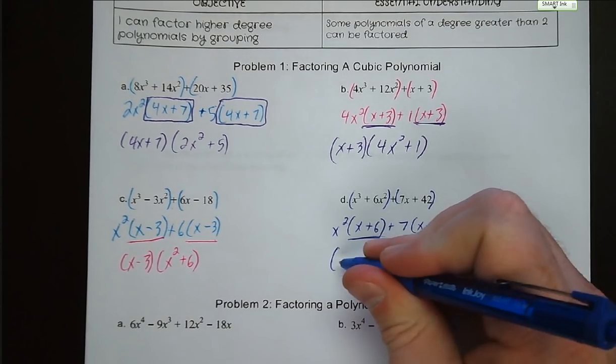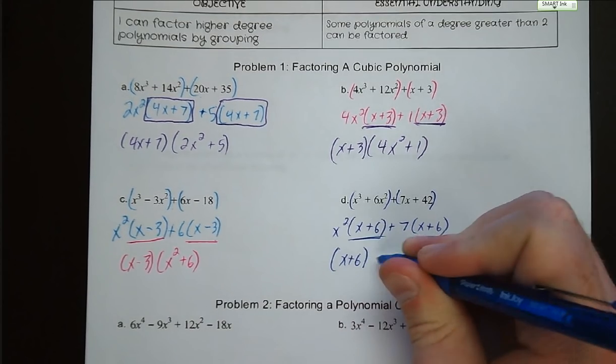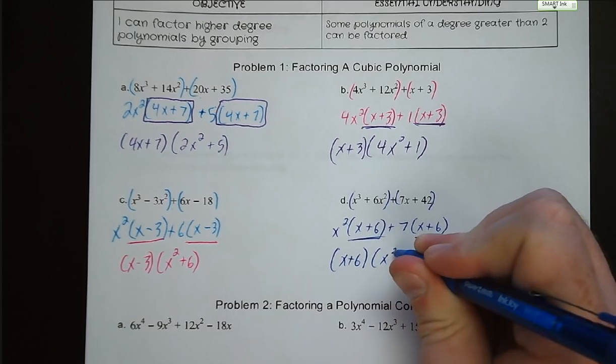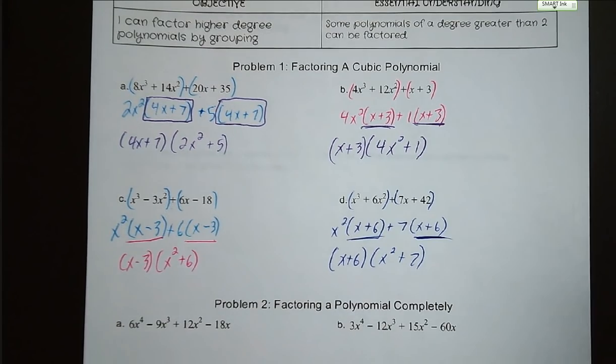So we have x plus 6 on the outside, x squared plus 7 on the inside. So essentially we're doing double factoring. We're factoring out one thing and then we're factoring again.